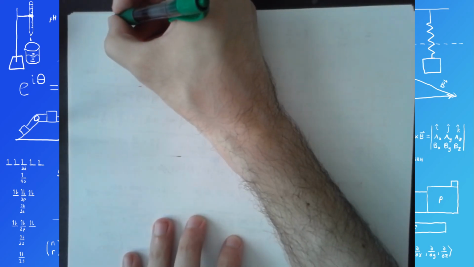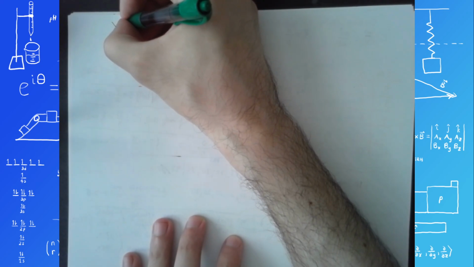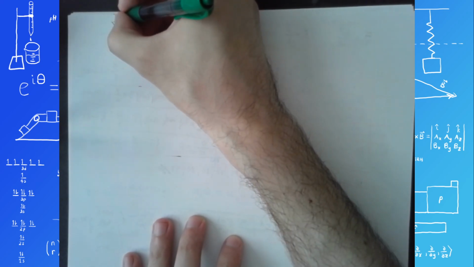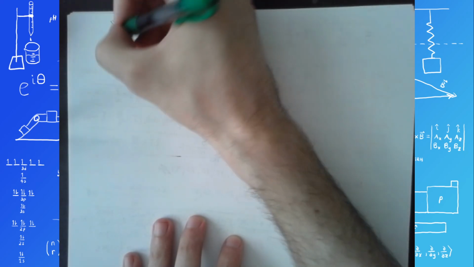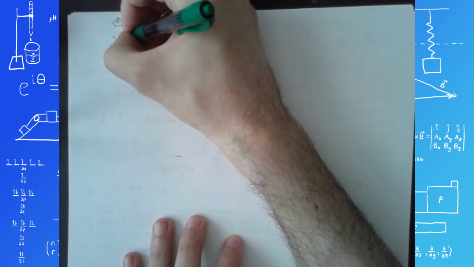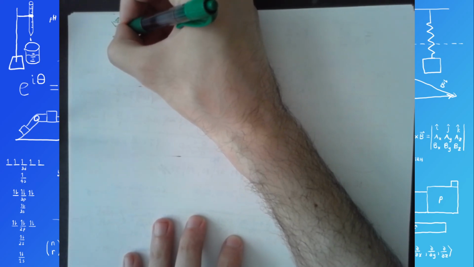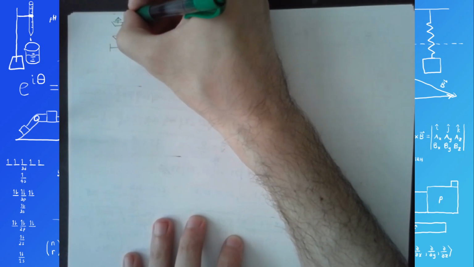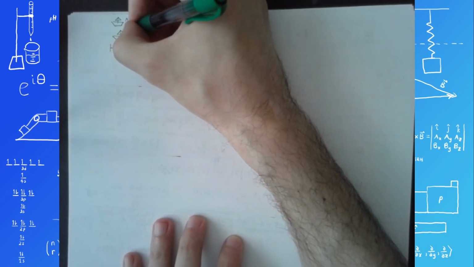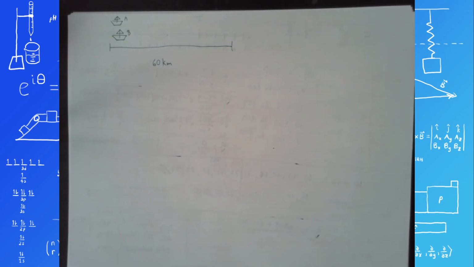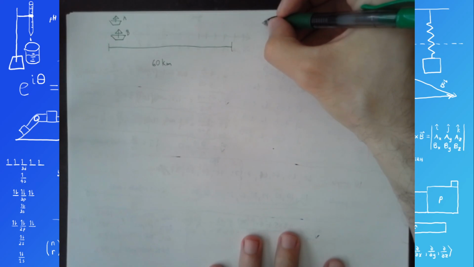And we have 2 boats, boat A and boat B. They start together and boat A goes across at 60 kilometers per hour.